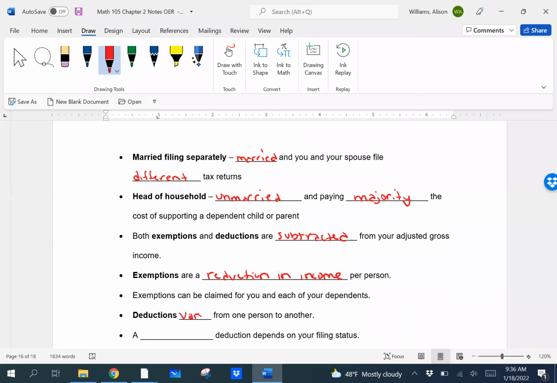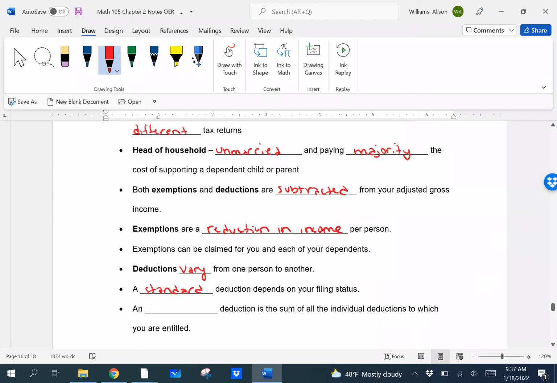A standard deduction is going to depend on your filing status, whether you're single or married filing jointly versus separately. That all depends on that filing status.